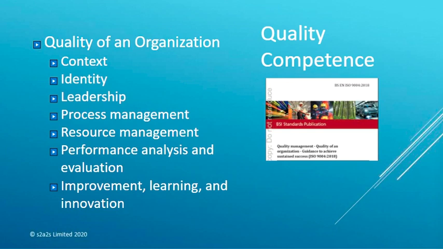And then the next area, resource management. Another key area that many auditors are unfamiliar with or are uncomfortable with. All of the organization's support systems are critical to performance and to ensuring that the processes can operate as intended and deliver products and services that satisfy the organization's customers.